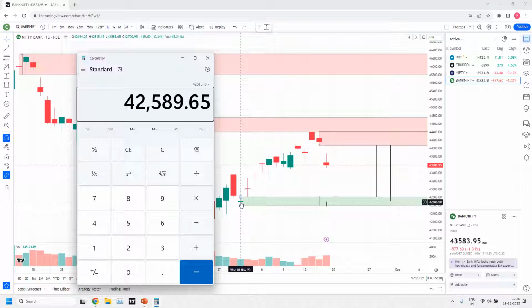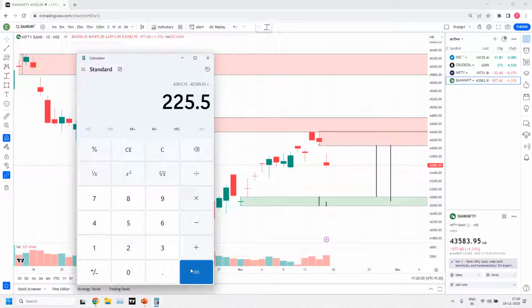Let us check, is it the same? 42,589.65. Okay, now subtract. You got 225 points of risk. You have to bear. So let me save this value in the calculator memory by clicking M+. Okay, this is saved.